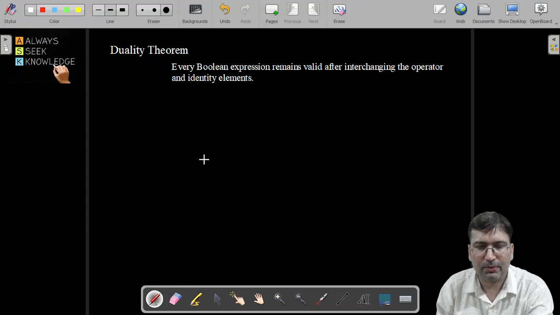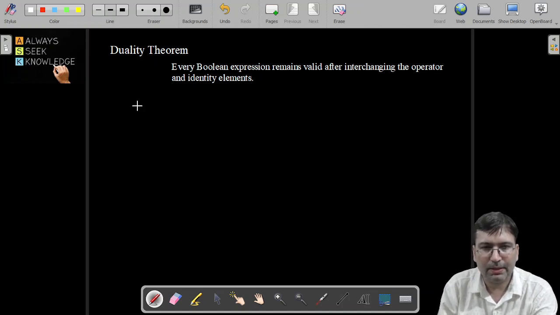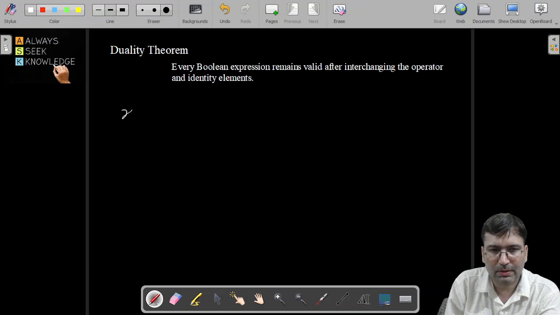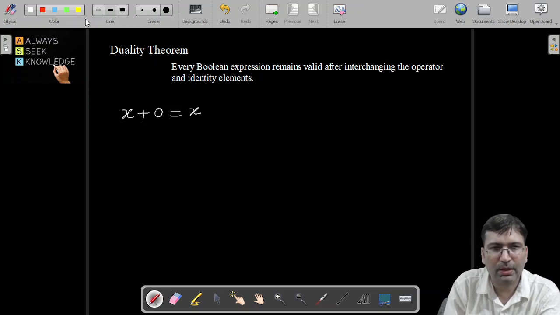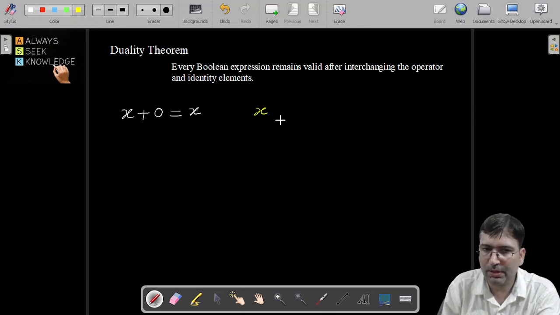Let's say I'm taking a few of the examples which we have already seen earlier. Let's say I take the identity. If I write x, a Boolean variable, plus 0, we know that x or 0 will give us x only. Now if this is the Boolean expression and I apply the duality theorem and write the dual of this particular expression, how can we write it? x is a Boolean variable, so it will remain x.